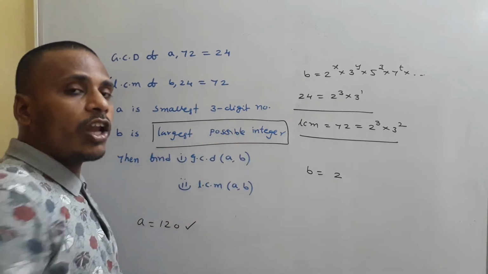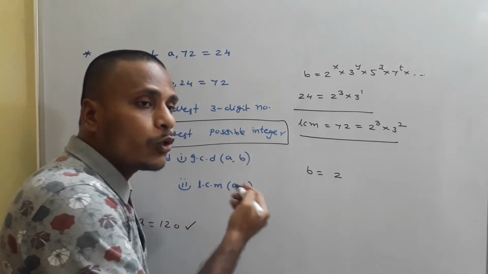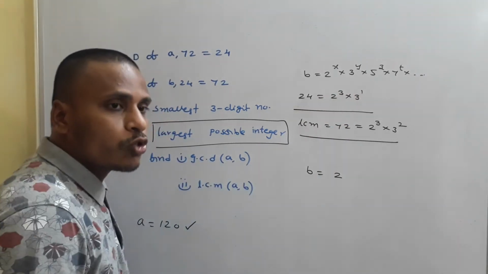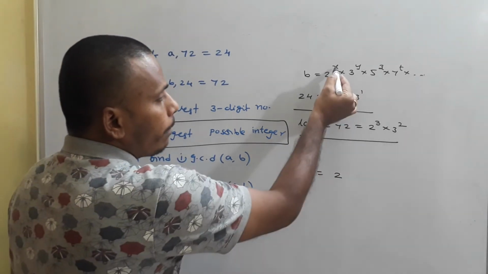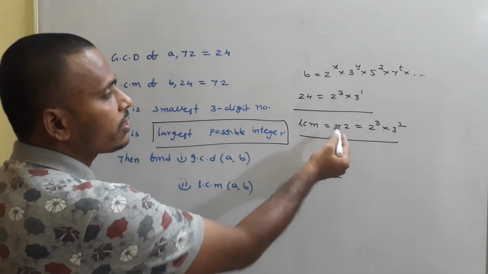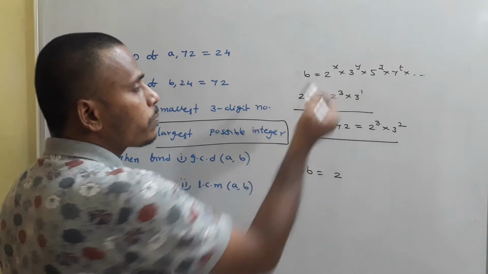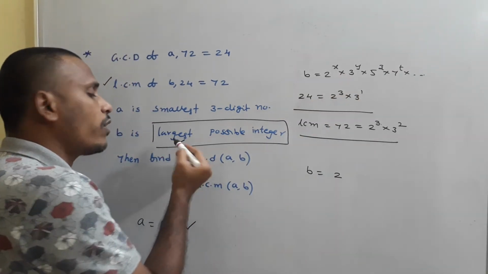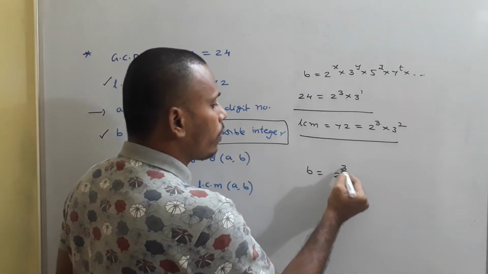Since we are finding the largest possible integer, you need to use the maximum possibility for every number. So x may be 0 or 1 or 2 or 3. Since we are searching for the largest possibility, you just use 2 power 3.